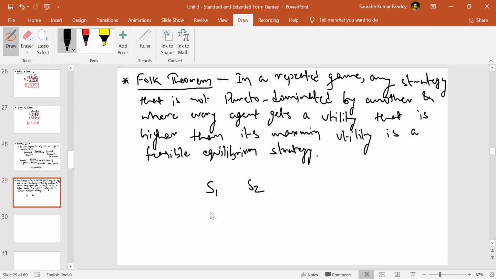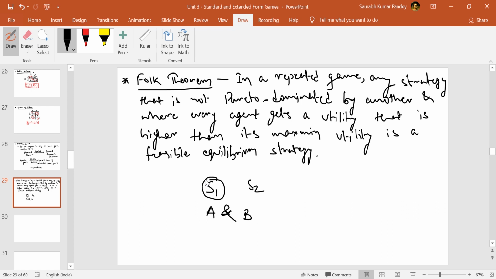Let us suppose the agents are A and B, both getting a utility higher than their individual maxmin utility when they play the game, with the use of the maxmin strategy, of course. If that is the situation, then that particular strategy S1 is known as a feasible equilibrium strategy. So this is the concept of the folk theorem.